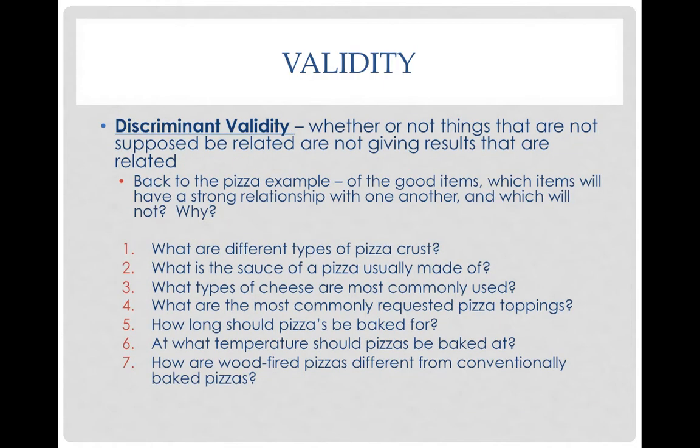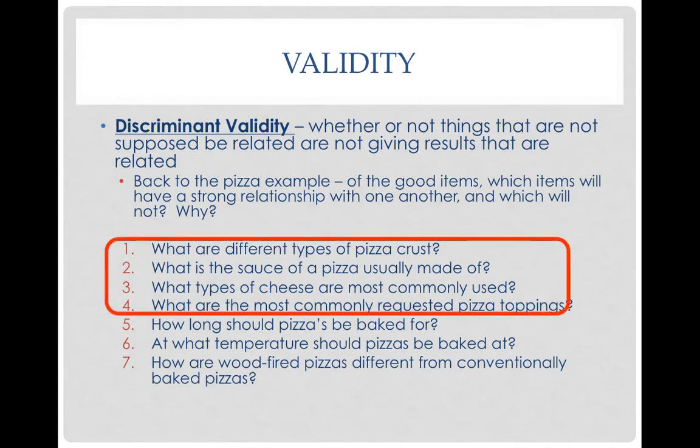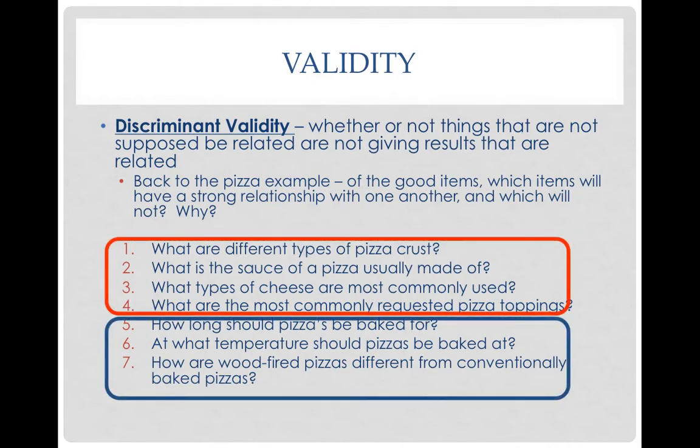The other side of this is that if I make a test to measure some kind of construct, I should be able to discriminate between it and other related items, or break down the broader construct into subconstructs. And again, it's based on looking at how the item responses fall together. Now, in this case, if we're looking at this set of pizza questions that remain, I can see that there are two subconstructs that are really highlighted in here.